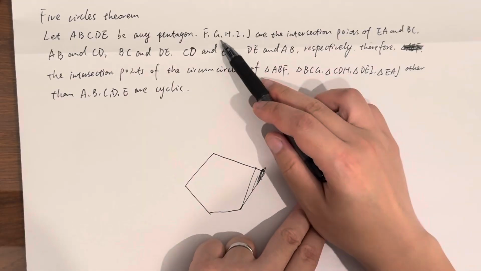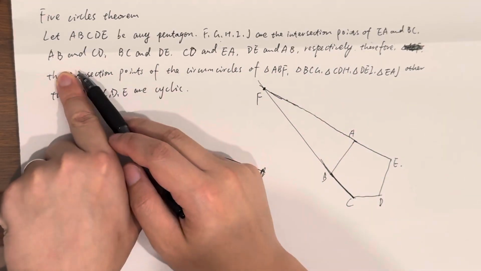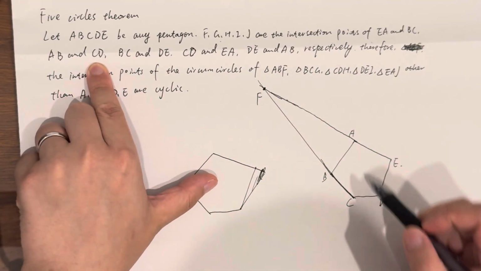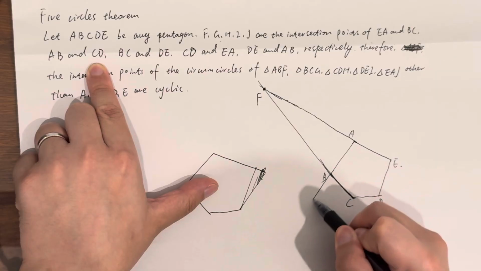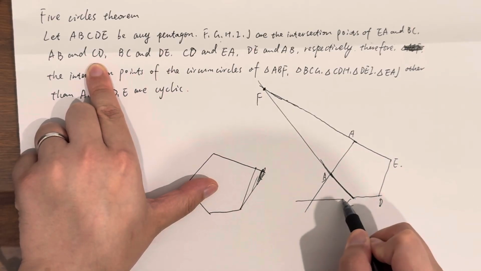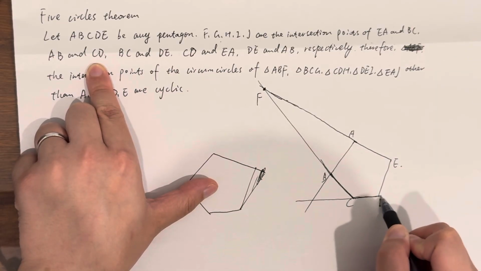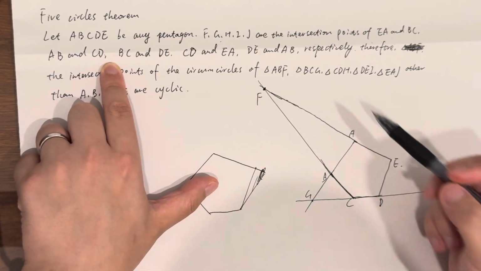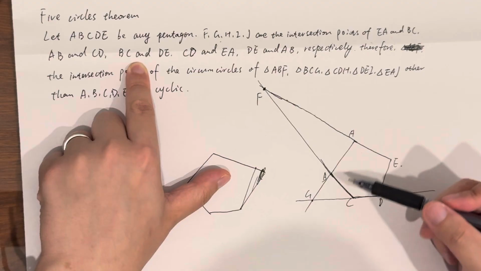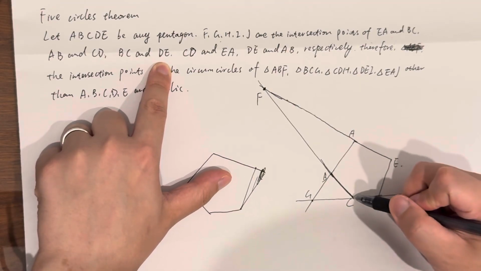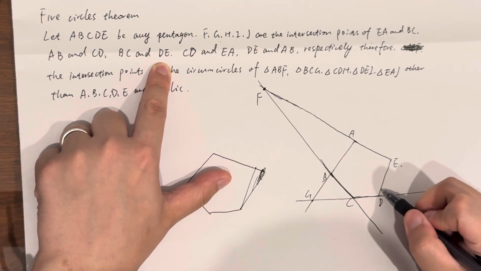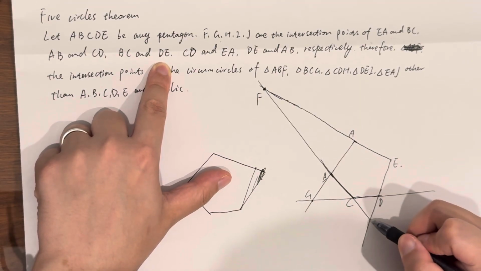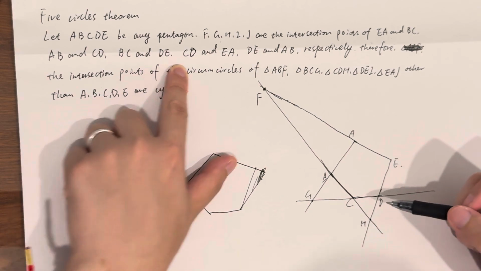And G is the intersection of AB and CD. So AB and CD. H is BC and DE. So BC and DE. That is H.